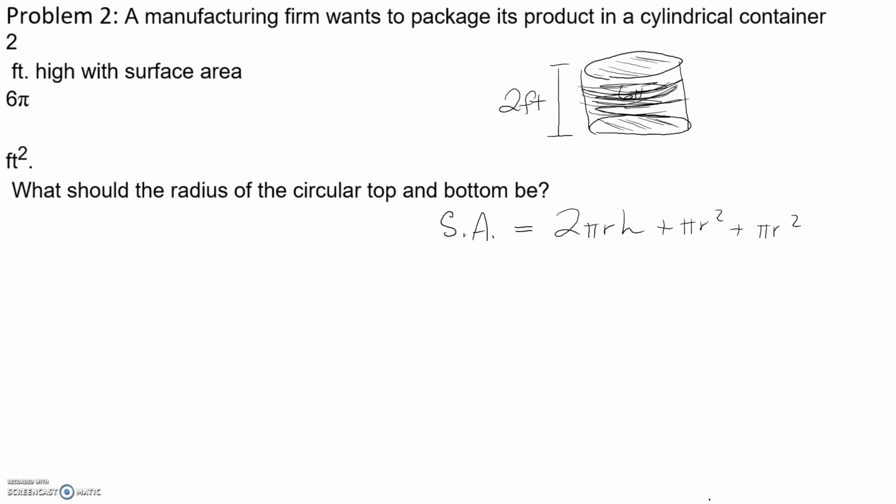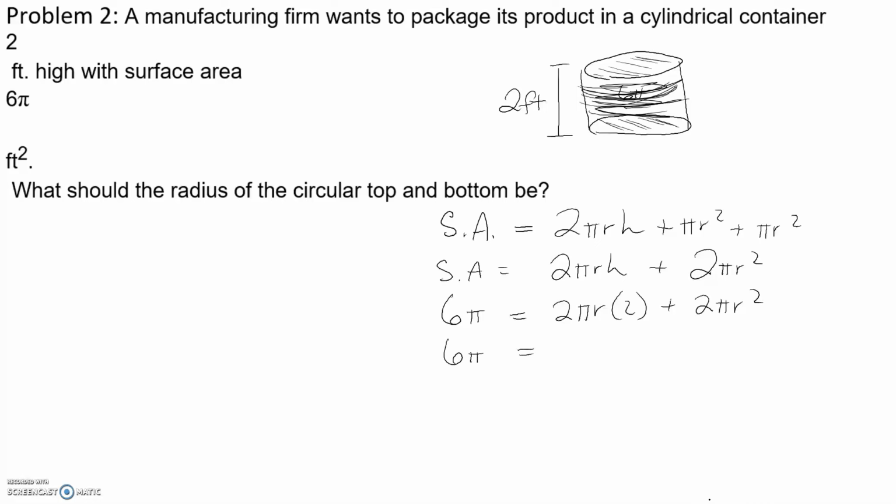So really, your surface area formula is 2 pi r h plus 2 circles, one top, one bottom. There's your surface area. All right, we know that the surface area is 6 pi. And then we also know that the height of this whole thing is 2. So if we put that all together, we have this.